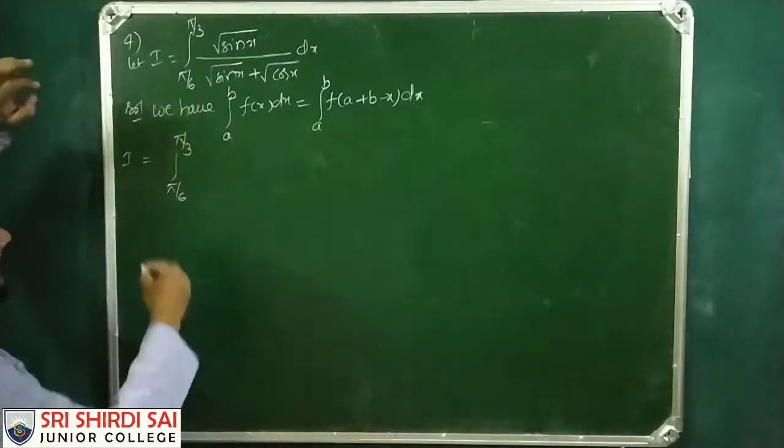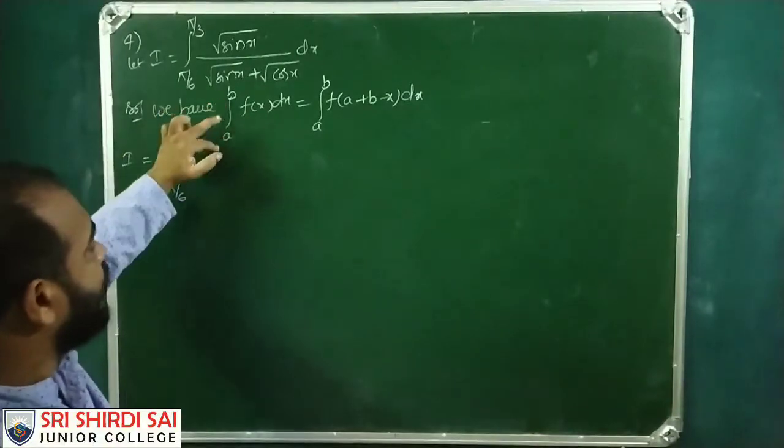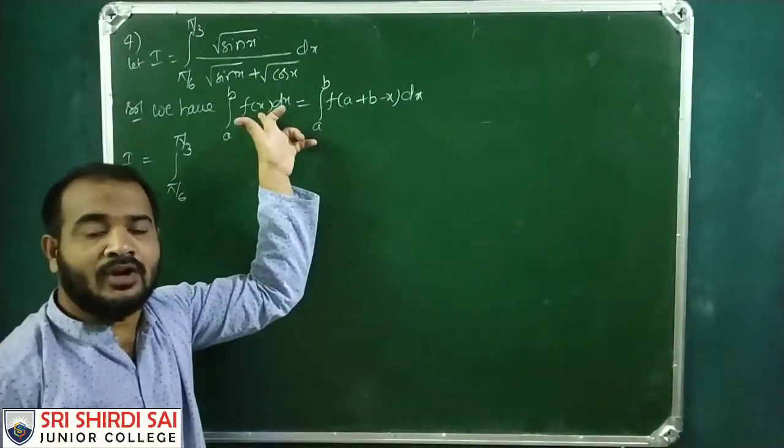What this property tells is, wherever you find x, simply substitute a plus b, the sum of the limits, minus the variable of integration.